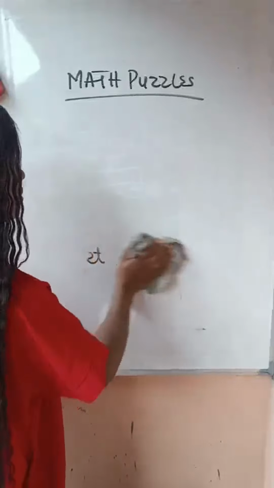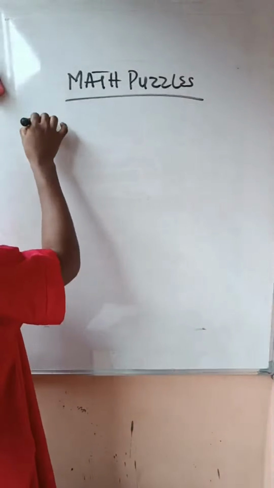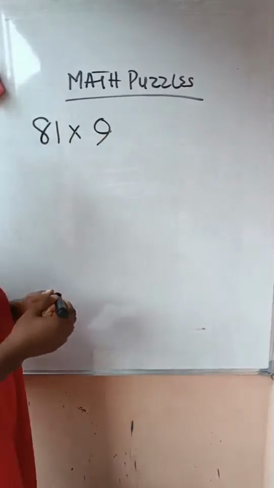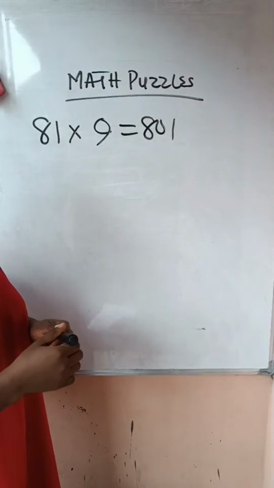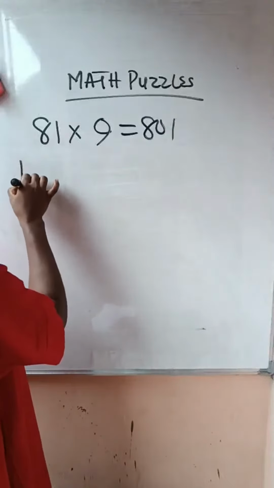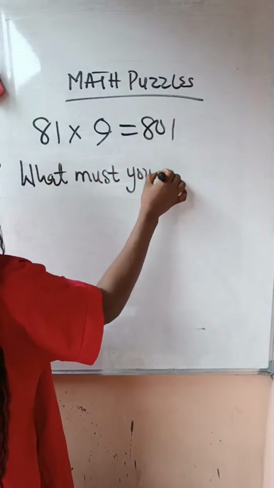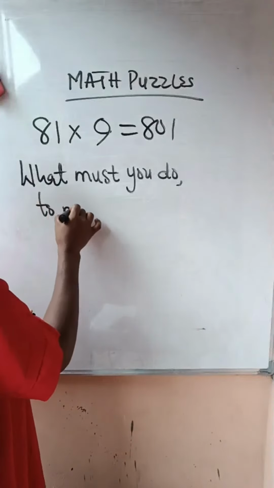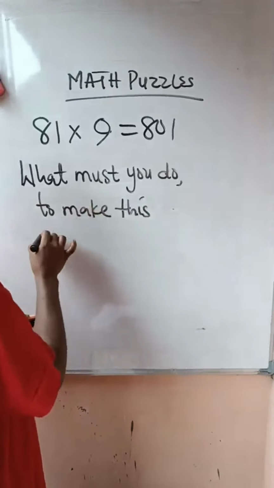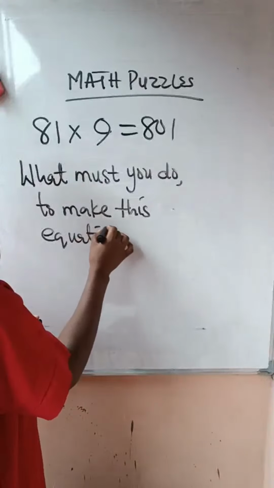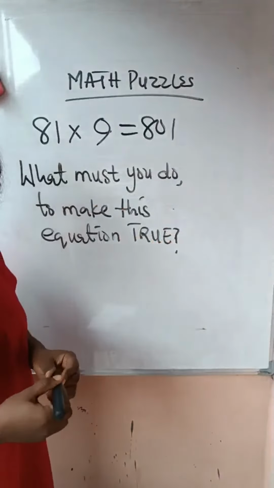This says 81 times 9 is equal to 801. What must you do to make this equation true?